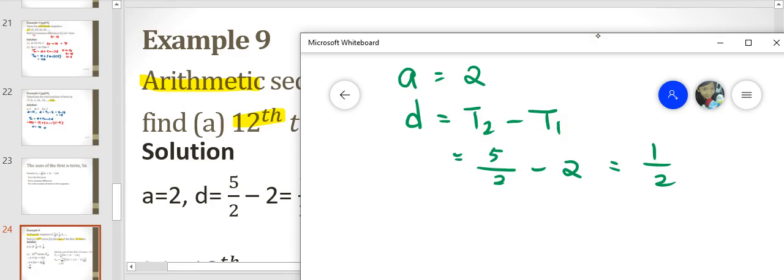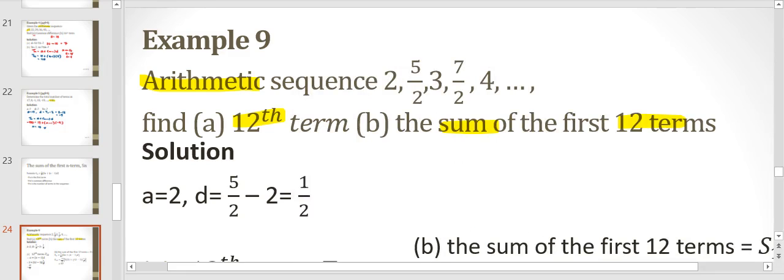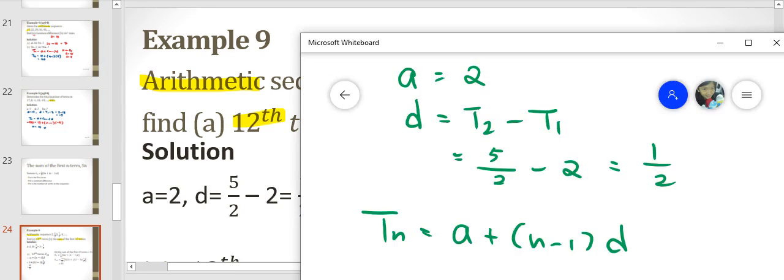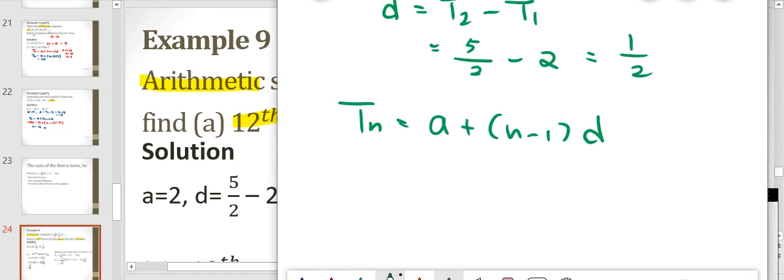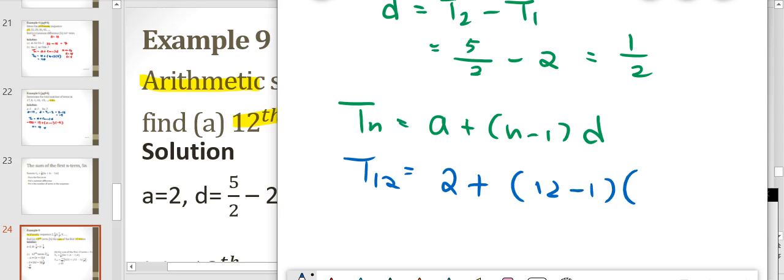So far okay? Now the question wants you to find the term. So Tn equals a add up with n minus 1 d. Substitute in. Your a is 2, your n is 12, because you want the 12th term, so 12 minus 1, times 1 over 2.